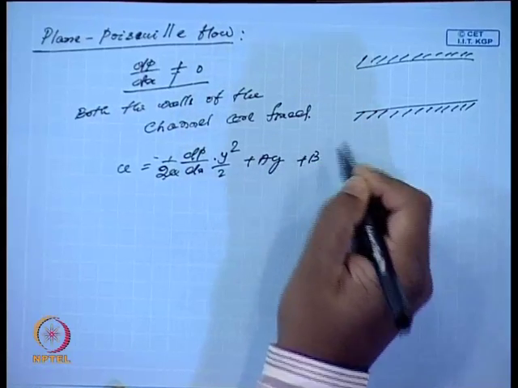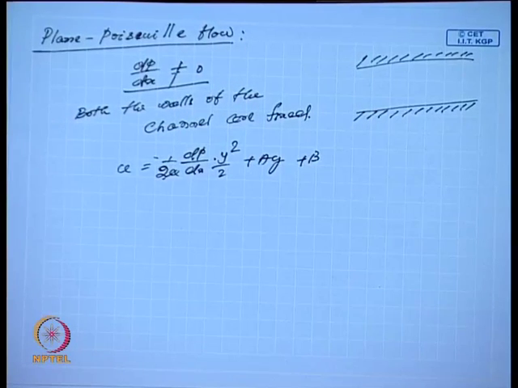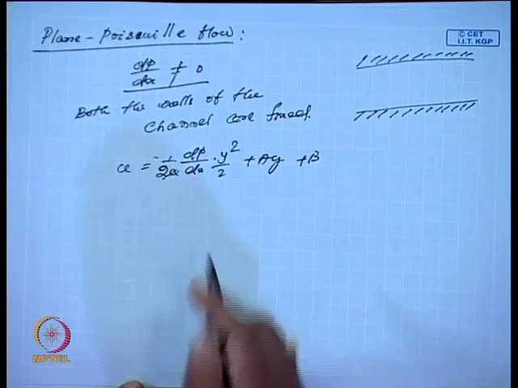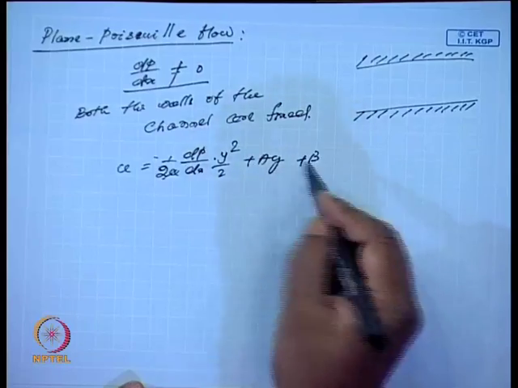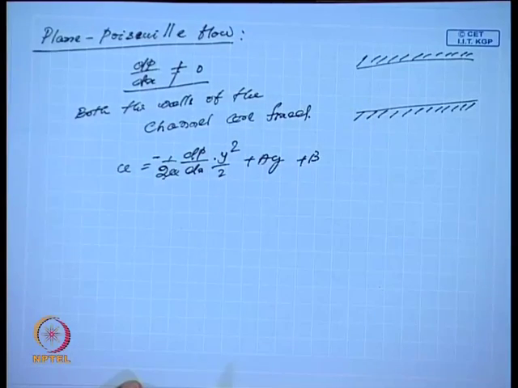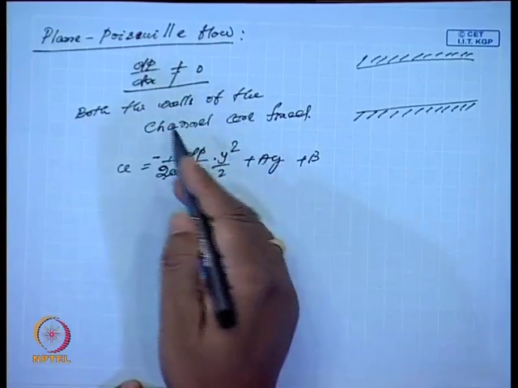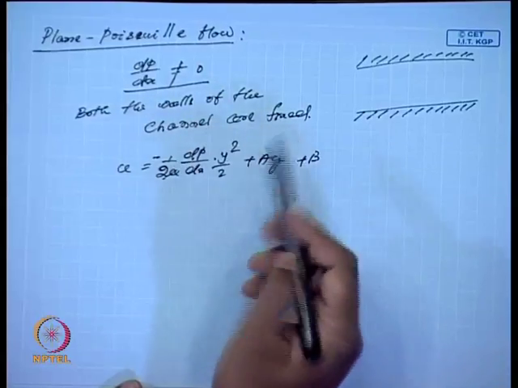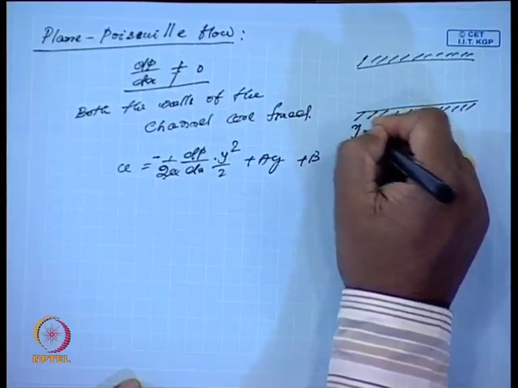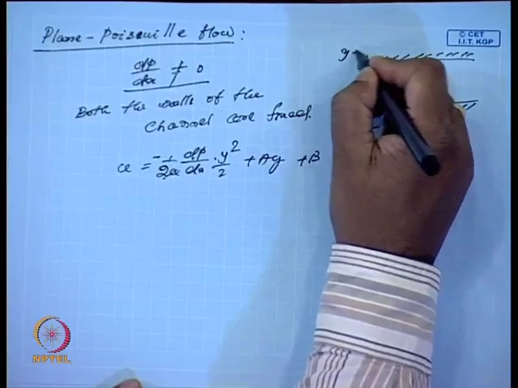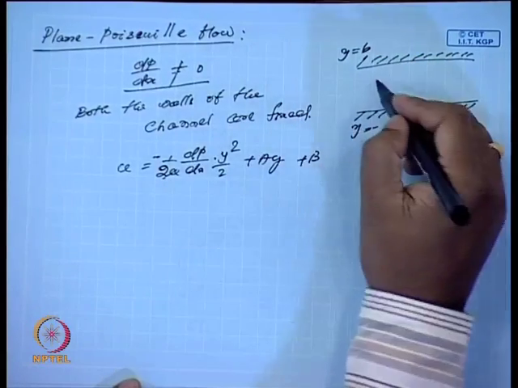This is our general form of the solution for a one dimensional fully developed flow. When dp by dx is non-zero and both the walls of the channel are fixed, suppose one wall is at y equal to minus b and one is at y equal to b, located at a distance 2b.